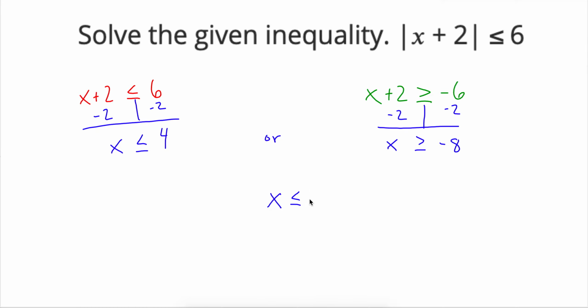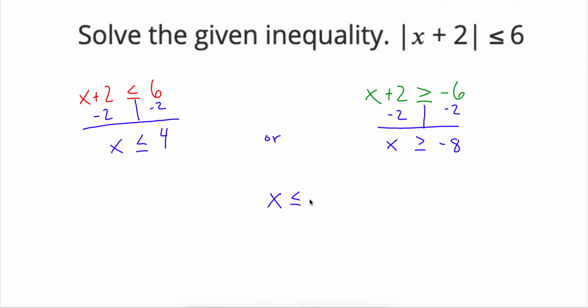Let's try another one. Absolute value of x over 3 is less than 5. That means x divided by 3 could be less than 5, or x divided by 3 could be greater than, we flipped it, negative 5, and we take the opposite. And we solve. The opposite of dividing by 3 is multiplying by 3.